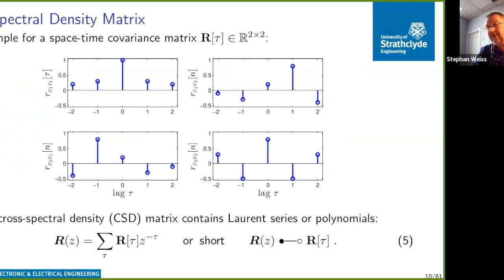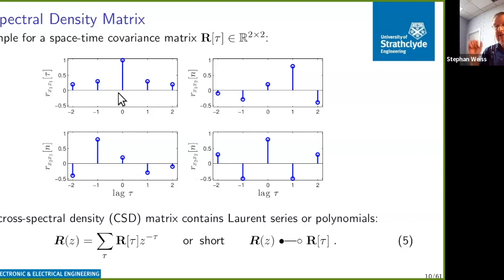So if you now take, for example, the Z transform again of that space-time covariance matrix, we end up with what's called the cross-spectral density matrix. So in the main diagonal, we would have power spectral densities and cross-spectral densities in the off-diagonal terms. And what you see in the figure on top here is actually still a depiction of the time domain. So this is your 2 by 2 example matrix.